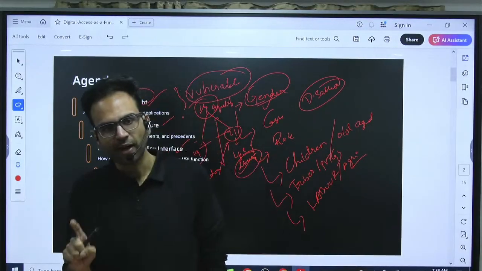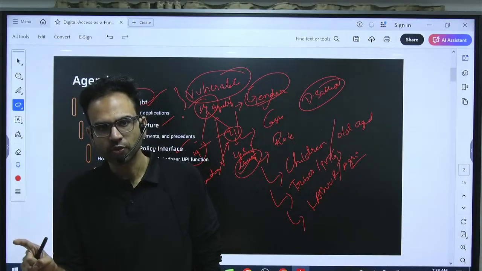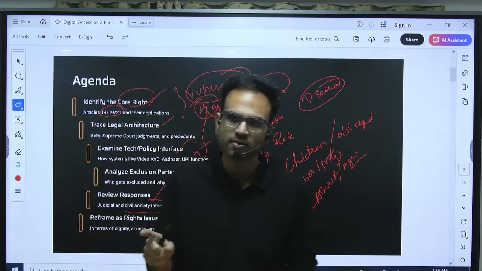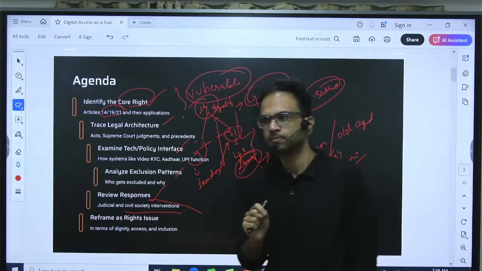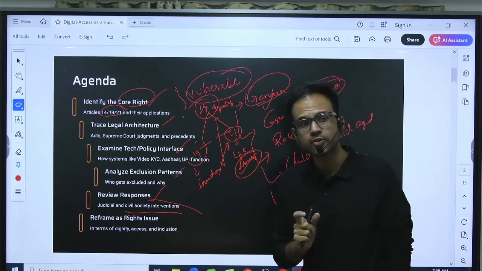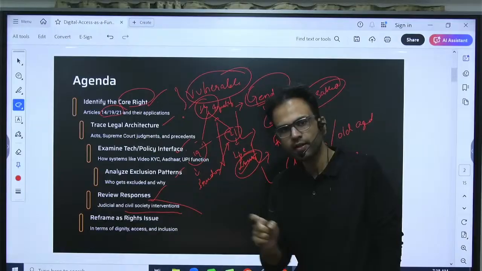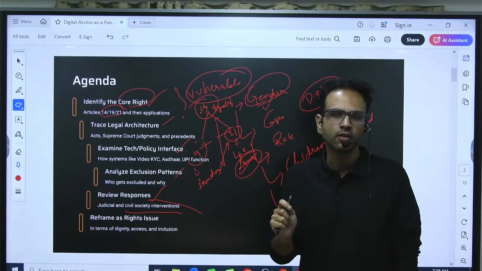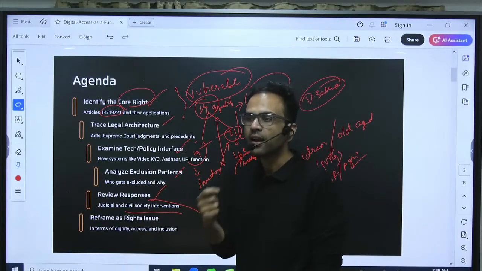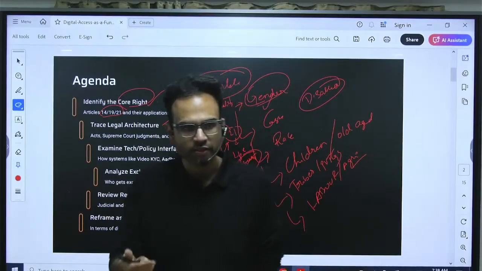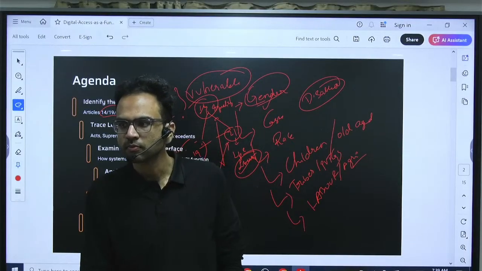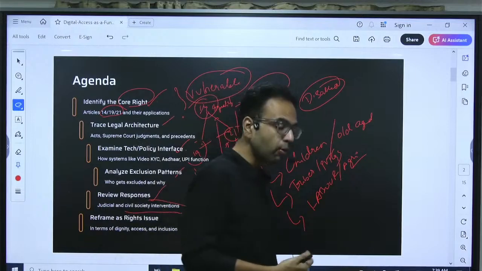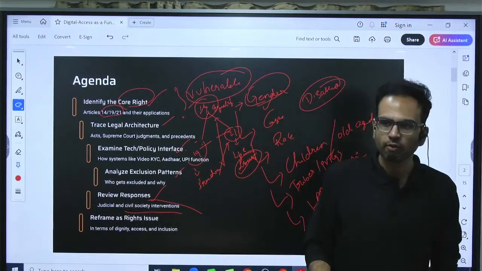Because the final interpreter of the Indian Constitution is the Supreme Court, the guardian of our rights. Why civil society bodies? Because historically many disadvantaged sections got their rights because of civil society interventions. Even political reforms, as a matter of fact.